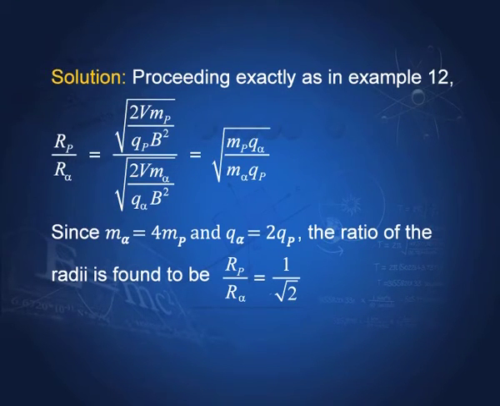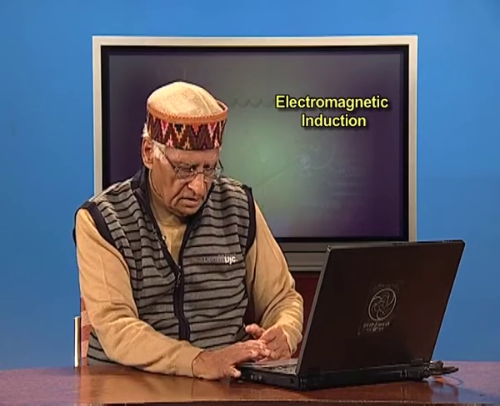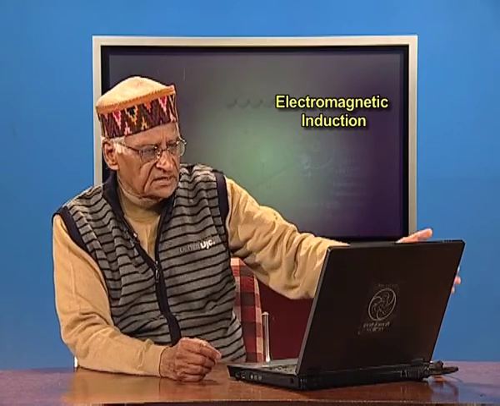The mass of an alpha particle is 4 times that of the proton, and the charge of the alpha particle is twice that of the proton. So, it is 1 by 4 into 2, so 1 half. So, Rp by R alpha is under root of 1 by 2. And we can apply the same thing now.